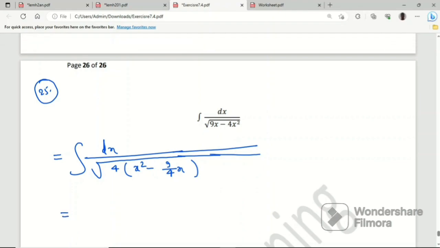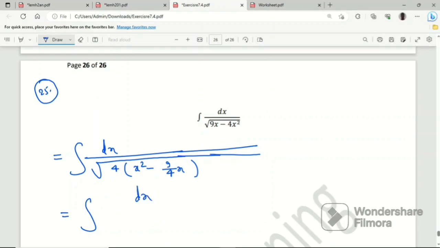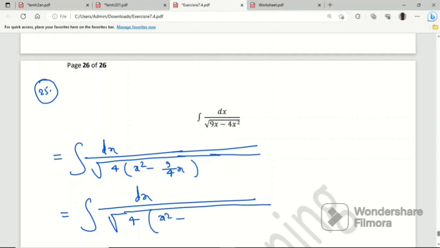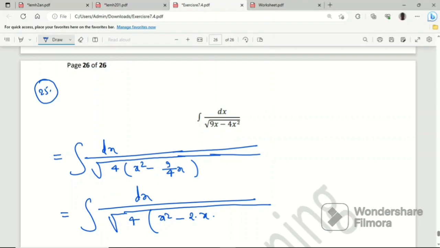So I can write dx by under root, I can take under root 4, okay, leave it for here. I can write x square minus 2 into a, 2 into a is x, into what should I put b? B I should put as 9 upon 8.